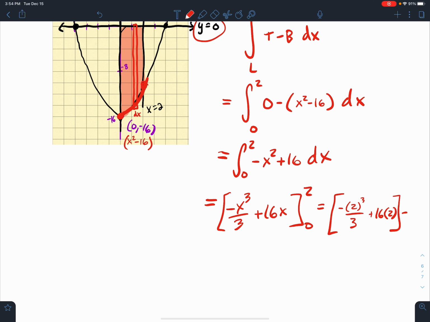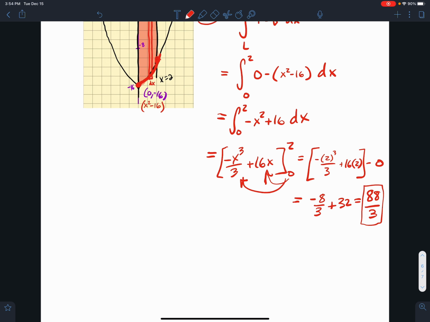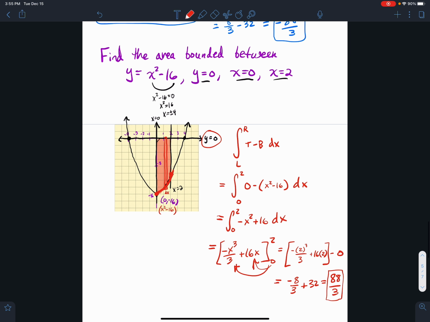And then minus, when I plug a 0 in for each of those, what happens? I just get 0, right? So I end up with negative 8 over 3 plus 32, which if you simplify and collect like terms, you get 88 over 3. Whoa, look at that. The area bounded between those two curves gets you a positive 88 over 3. Area is positive, thank goodness.